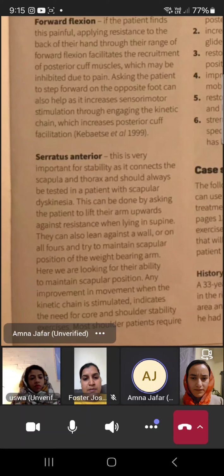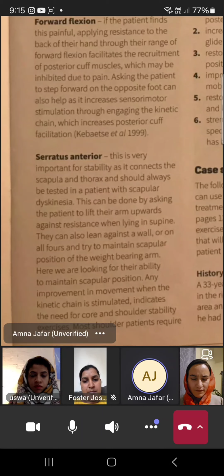They can also lean against a wall or go on all fours and try to maintain scapular position of the weight bearing arm. Like when we do corner wall stretches, our pecs obviously activate as well. So the same goes for serratus anterior. Here we are looking for the ability to maintain scapular position.